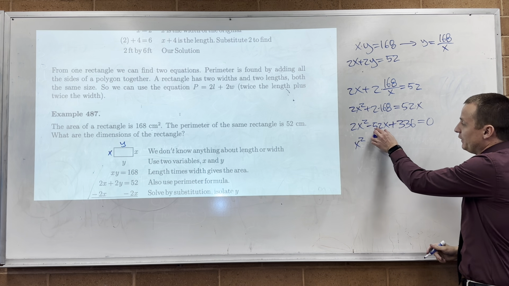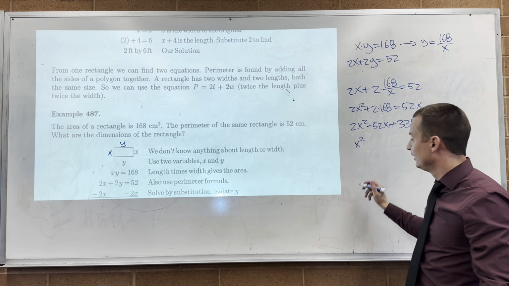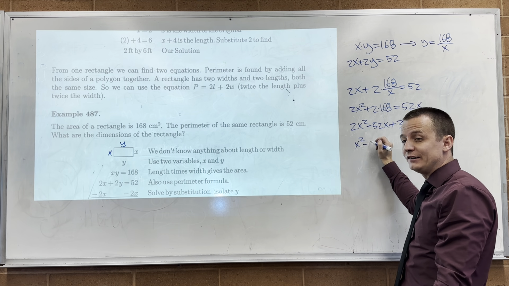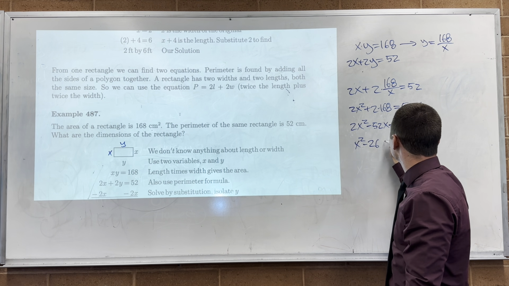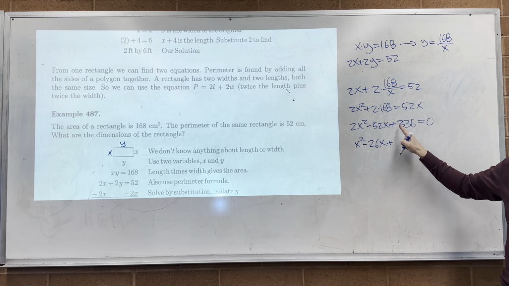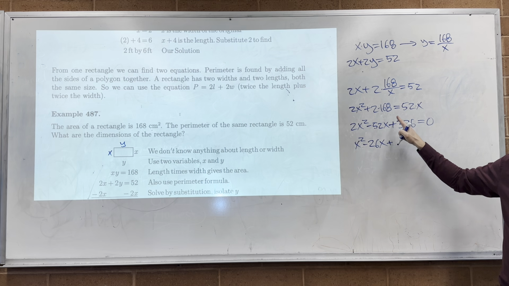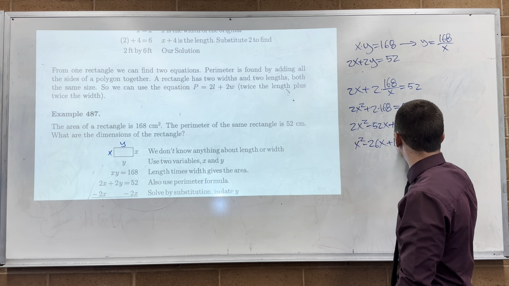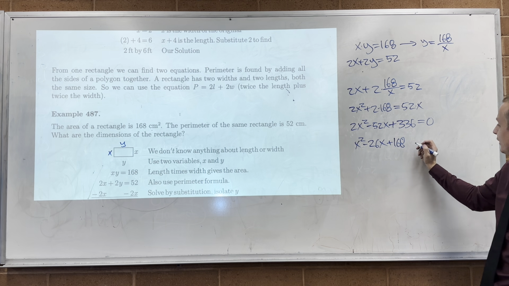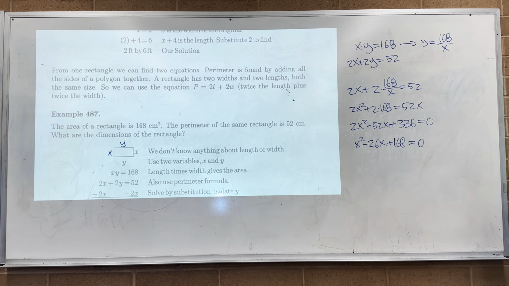I take 52 and divide by 2. What am I left with? 26x. Now 336 divided by 2. What's that going to be? 168. Good. Since we multiplied by 2 to get that, then dividing by 2 gets us back where we started. Quick thinking there.